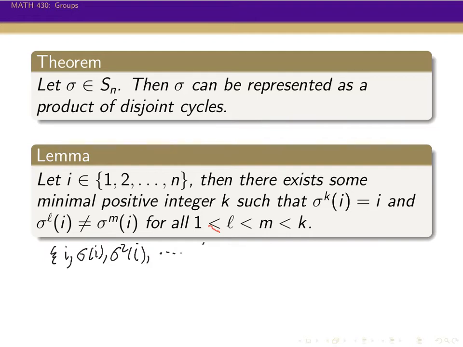Okay. Well, since sigma is a permutation on Sn, this set has to be contained inside the numbers 1 through n. Because it's a one-to-one and onto function from 1 up to n to itself, when I look at the range of just applying sigma to I over and over again, I'm only going to be hitting numbers from 1 through n.